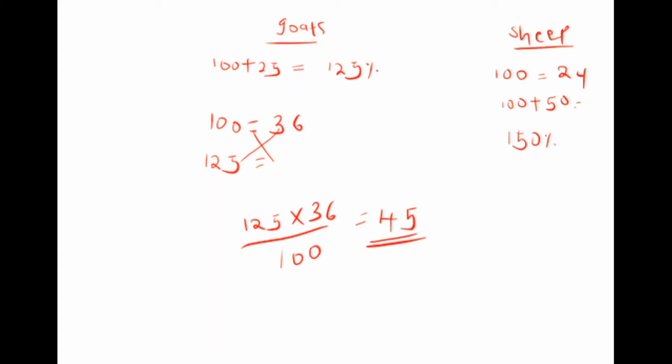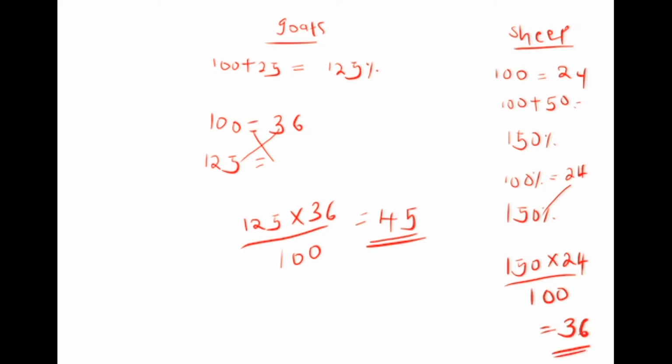If 100% is equivalent to 24, what about 150%? We cross multiply. We shall have 150 times 24 over 100. Then from there we simplify. We get 36. So the number of sheep now became 36.